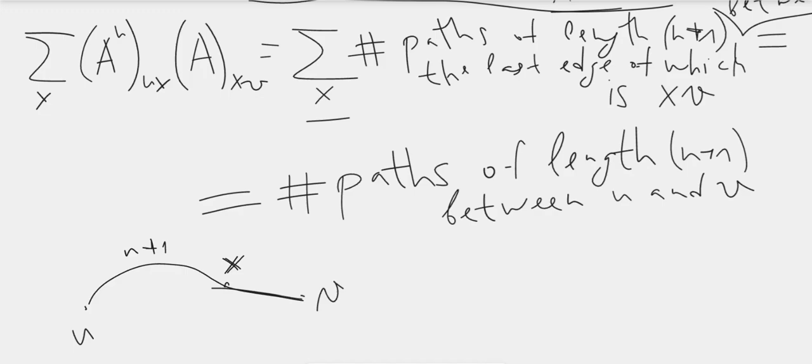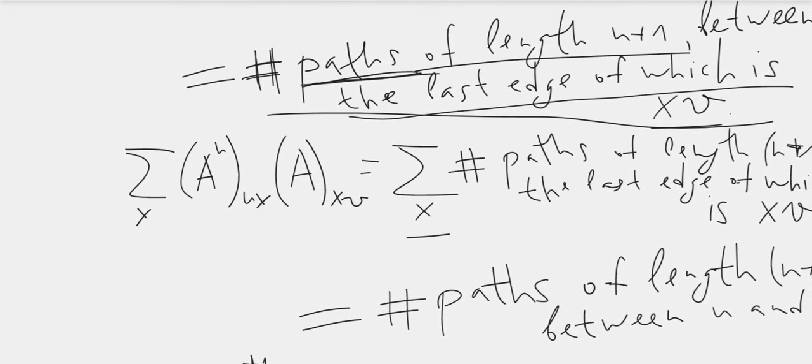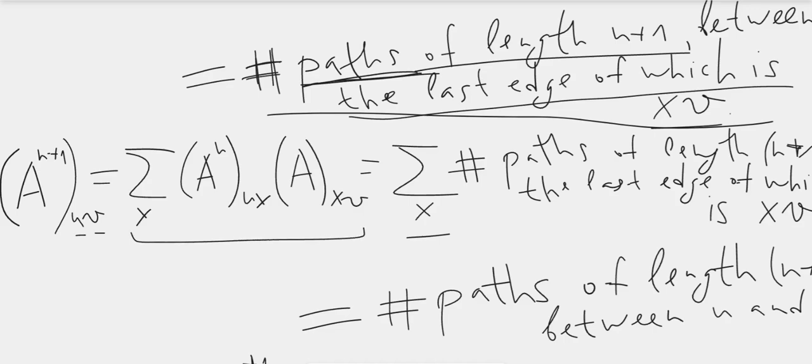And this is basically what we needed, because this sum that we evaluated is the element of the matrix A to the power n plus 1 at row u and column v, evaluated by standard matrix multiplication.